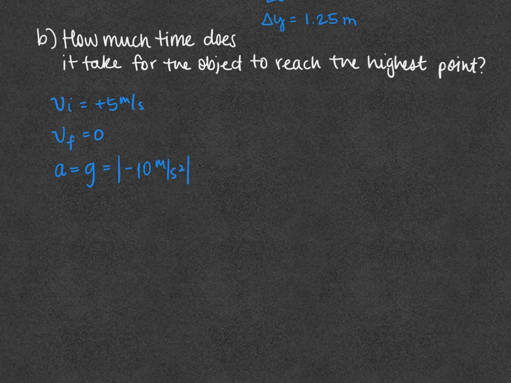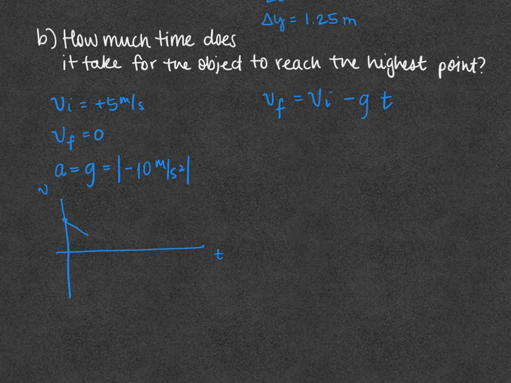Now, if I'm looking for the time, then if I use the v final is equal to v initial minus gt, remember that's the equation of the line. Remember, this is still just a velocity time graph, and we have our initial velocity at 0 seconds, and we're trying to find what is the time here, knowing the slope.